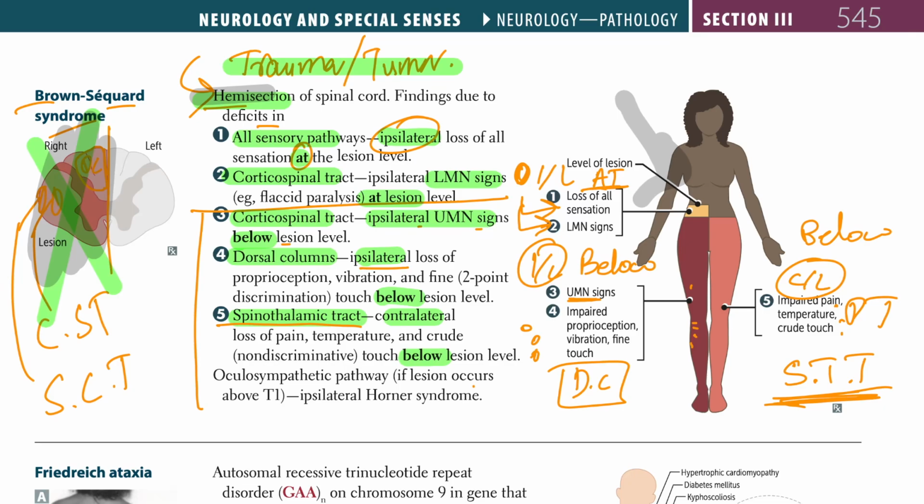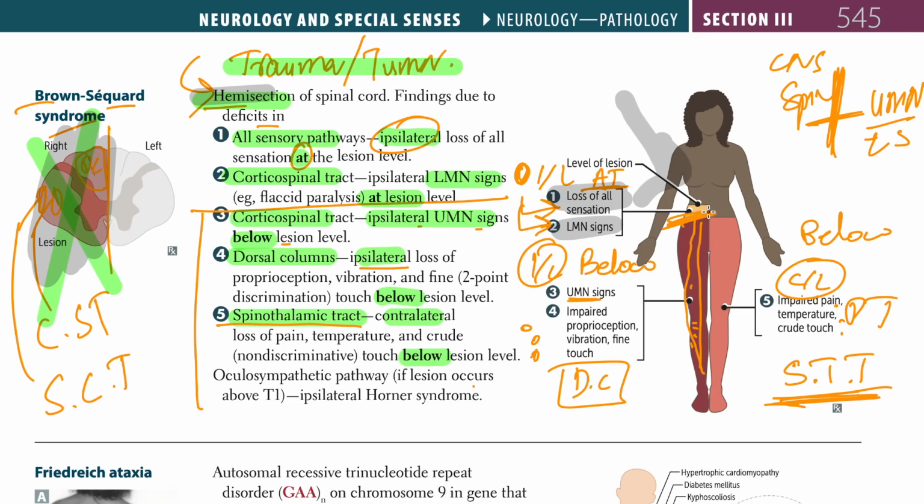On top of that, because you destroyed that level, you're going to have lower motor neuron signs. Below that, because you cut the pathway, you're going to have upper motor neuron signs. Again, what is upper motor neuron damage? When you damage anything within the CNS or spinal cord, you get upper motor neuron lesion signs and symptoms.